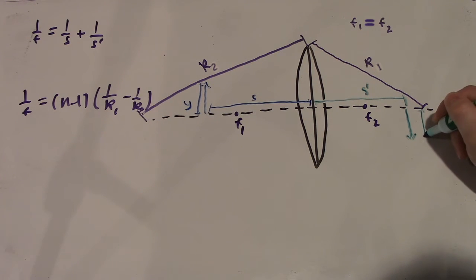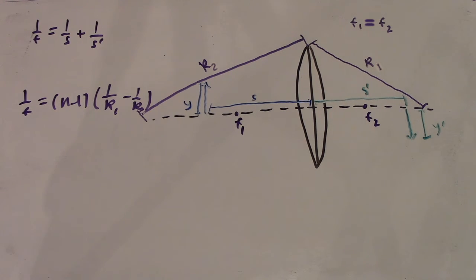With the focal length and object distance found, we can use the first equation to find the image distance. If we then measure the object height, we can use the magnification equation to find the image height. The third equation states that the magnification equals negative s prime over s, which also equals the image height, y prime, over the object height, y.